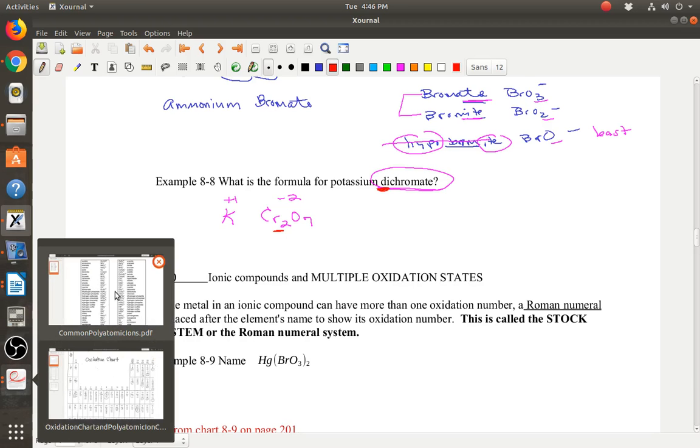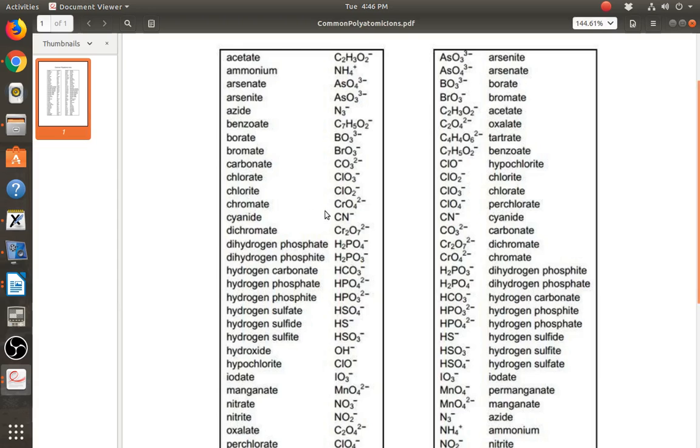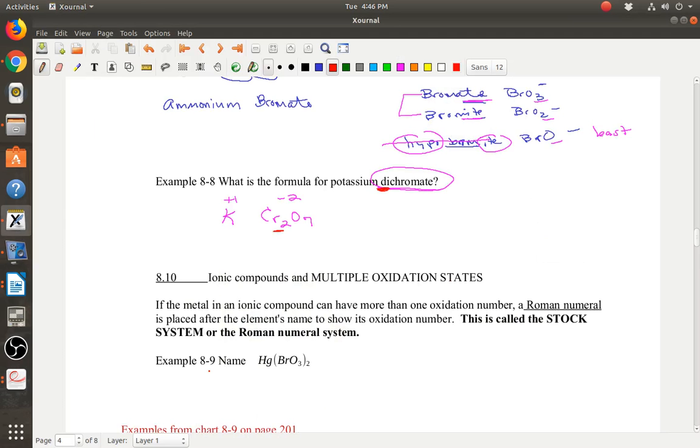Chromate, CrO4. Dichromate is Cr2O7. Oh, there it is, right there. It's because it's in alphabetical order, so I should look over here. CrO4 is chromate, and there's dichromate, Cr2O7, -2 charge. All right, all that fussing for nothing.